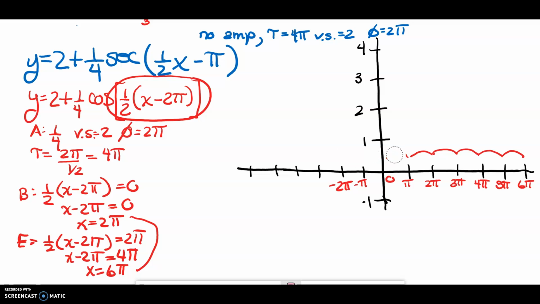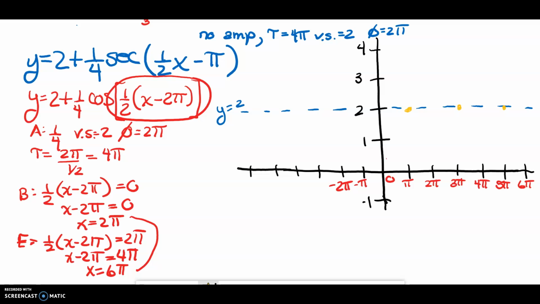So now I need to go ahead and I think I have a vertical shift of 2. I'm going to go ahead and draw that in, my vertical shift of 2, and label that line. And now I am going to go ahead and plot points for my cosine function. I know at the quarter and 3/4 marks, I'm on my vertical shift.